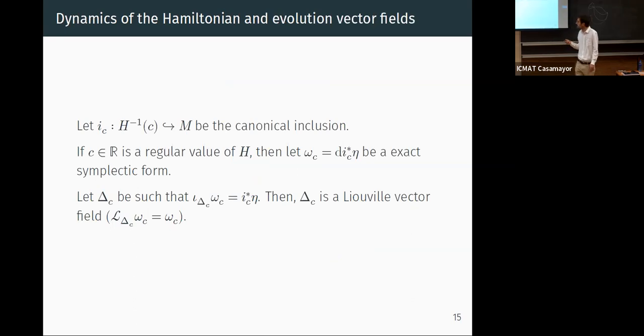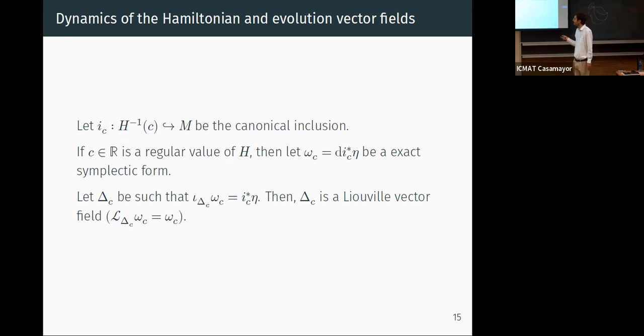We will now talk a little bit about the dynamics of this vector field. So we consider the inclusion map from a level set of the Hamiltonian to the manifold, and we assume that we have a regular value of the Hamiltonian. Then we can restrict the contact form to the level set, take the differential, and we get an exact symplectic form on this level set, which is exact because it's the differential of this one.